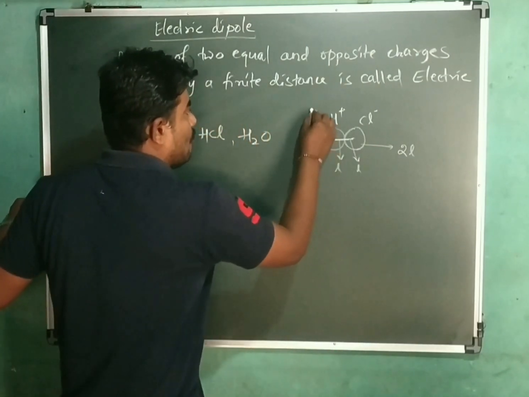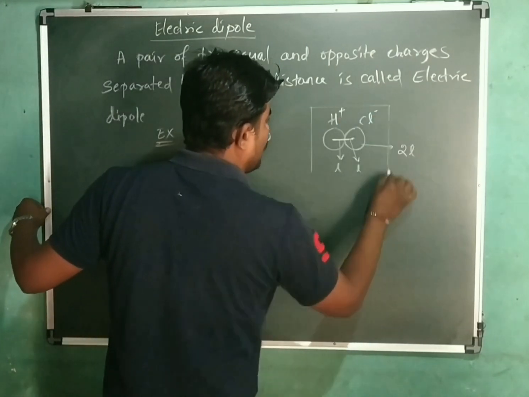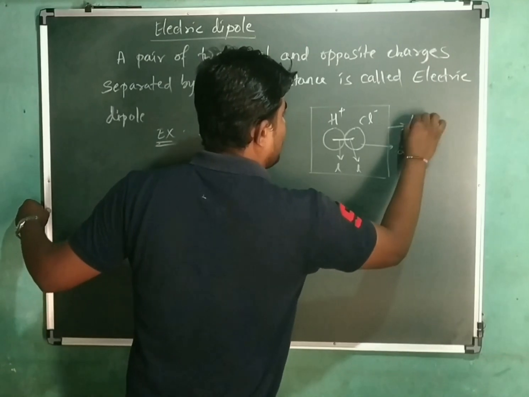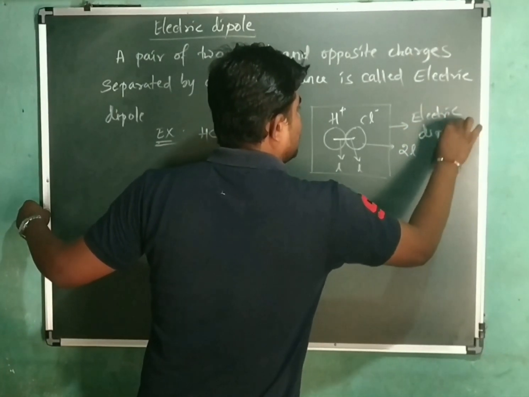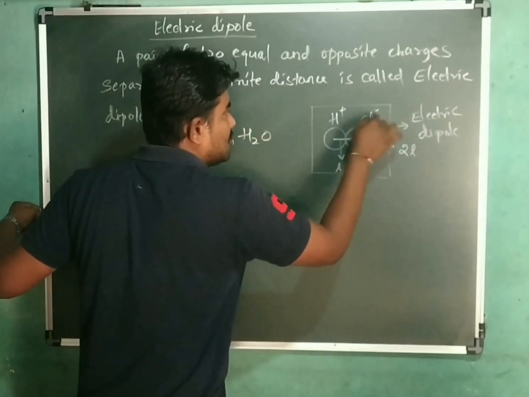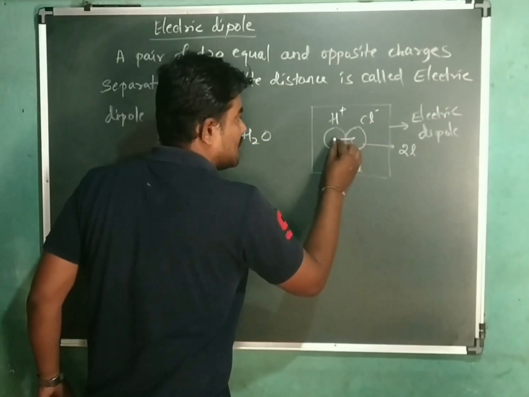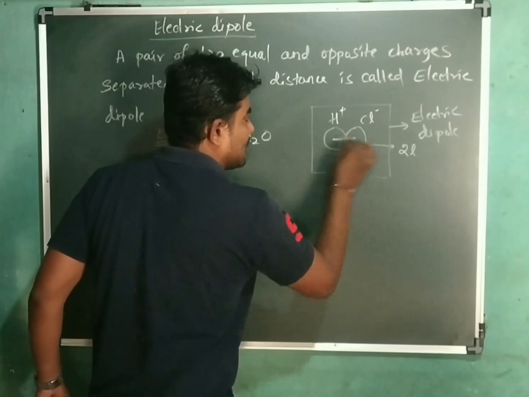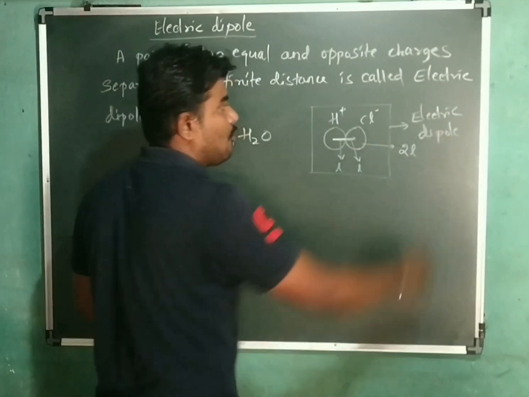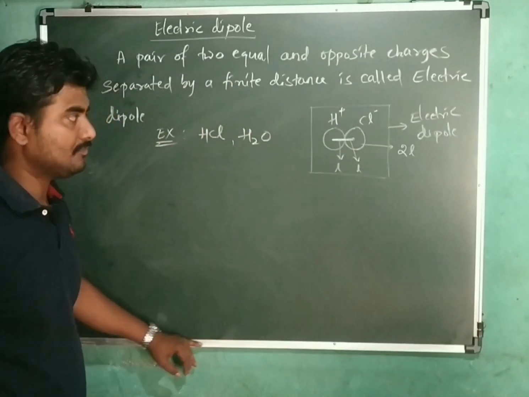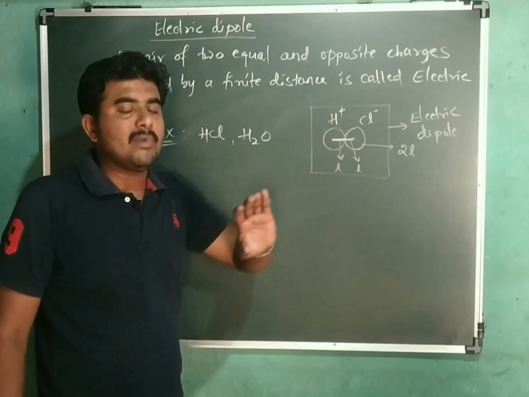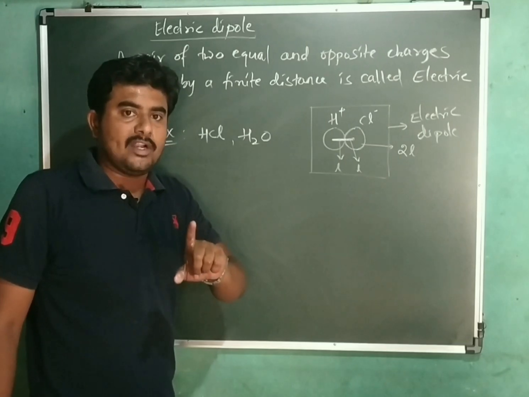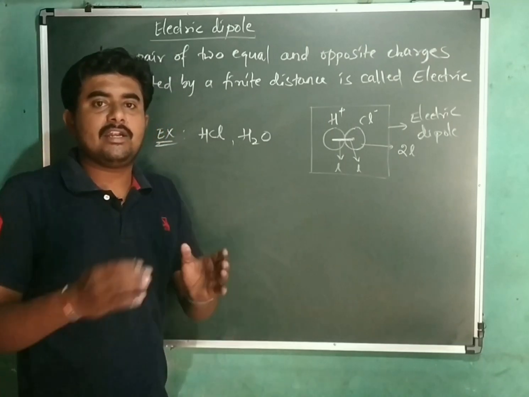Now for this entire system we can call it an electric dipole, because this system consists of two opposite charges and these two opposite charges are separated by a finite distance. And the strength of this electric dipole is measured by one more quantity, and that quantity is electric dipole moment.